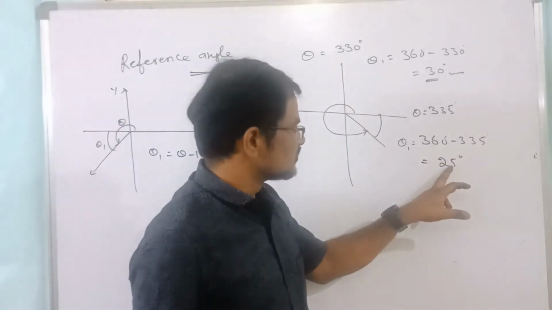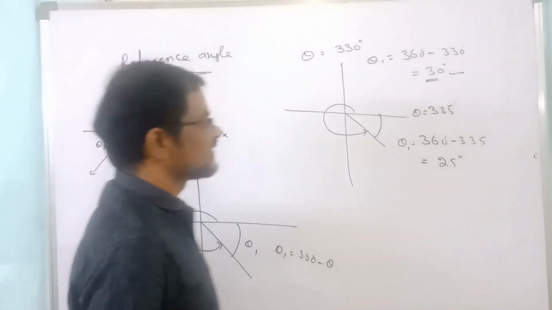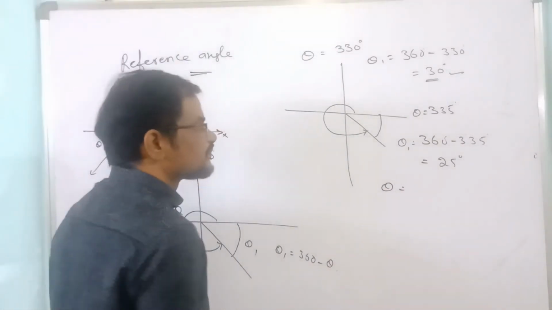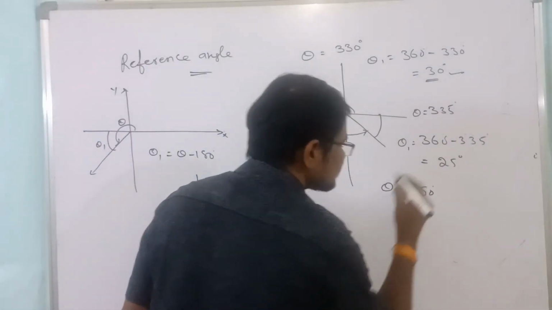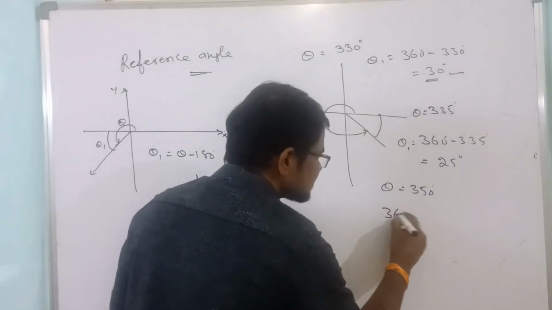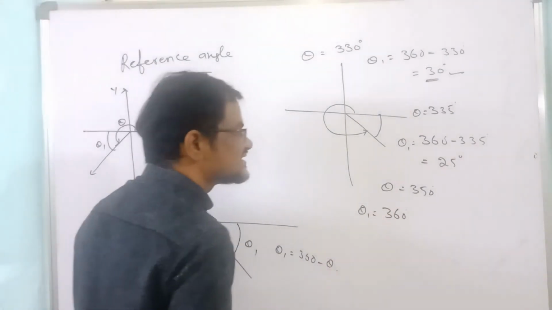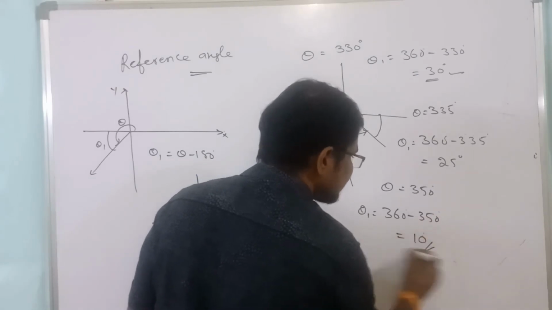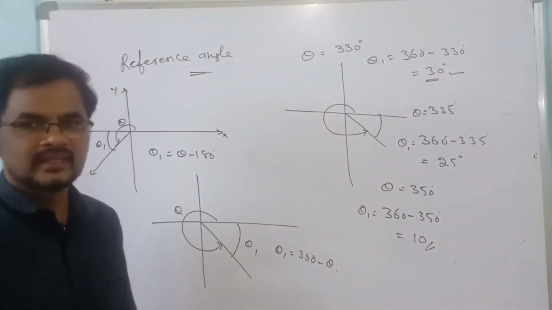Suppose theta equal to 350 degrees. What about the reference angle? Same, theta 1 equal to 360 minus 350, that is equal to 10 degrees. Like this we will take.